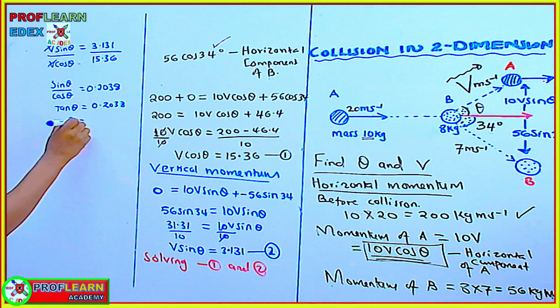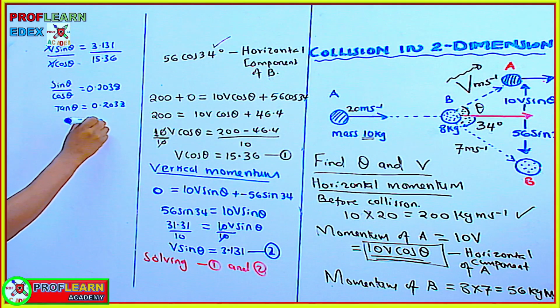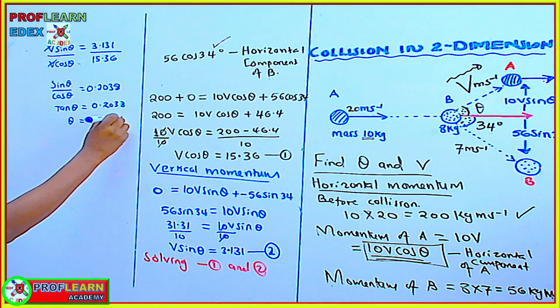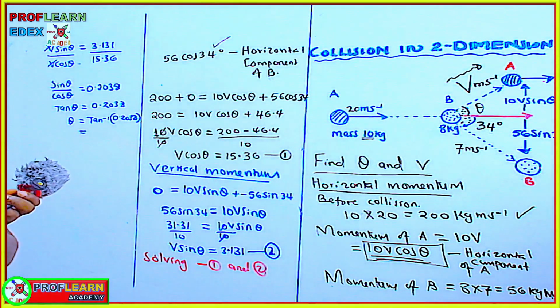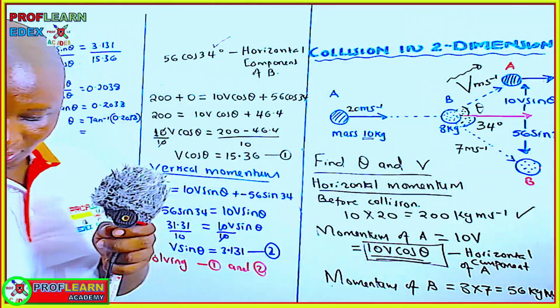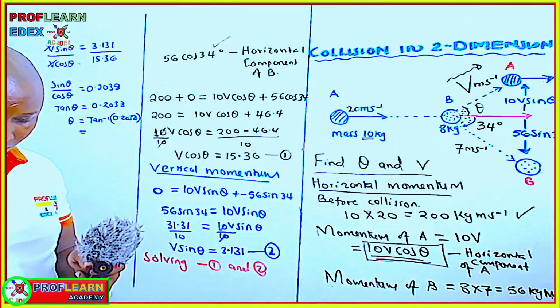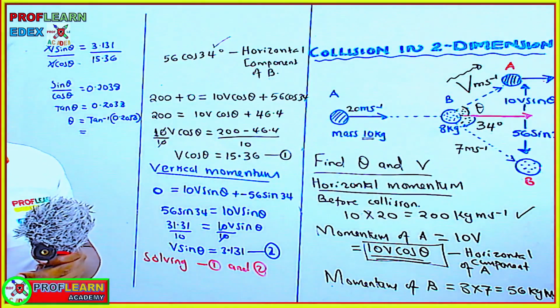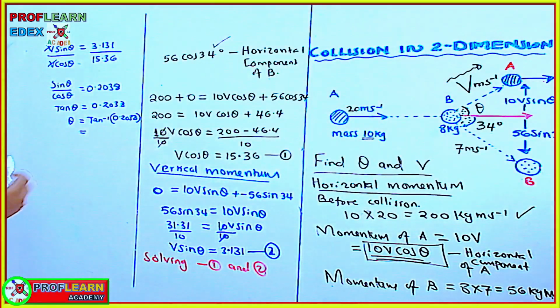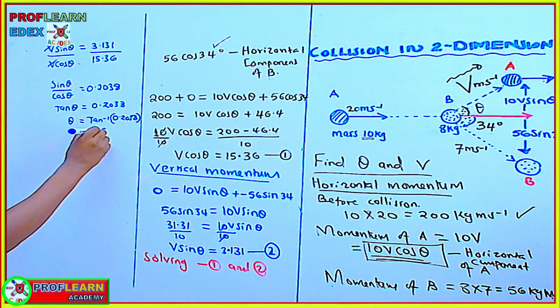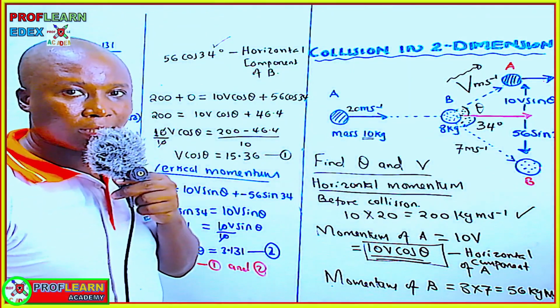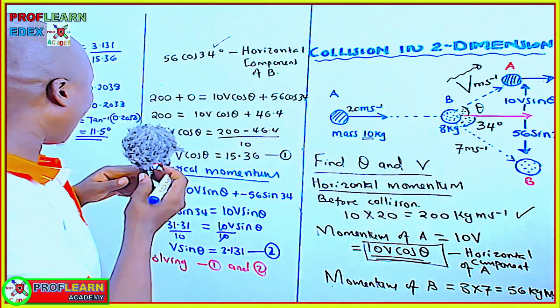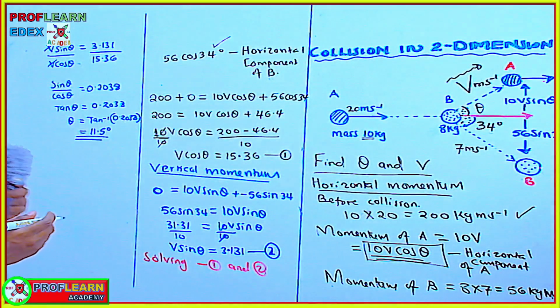Then to get theta, it will be tan inverse of 0.2038, and working it out, the tan inverse of that is 11.5 degrees. We are getting 11.5 degrees. Now we have gotten the value of theta for this question, and the next business we have is to work out the value of v.